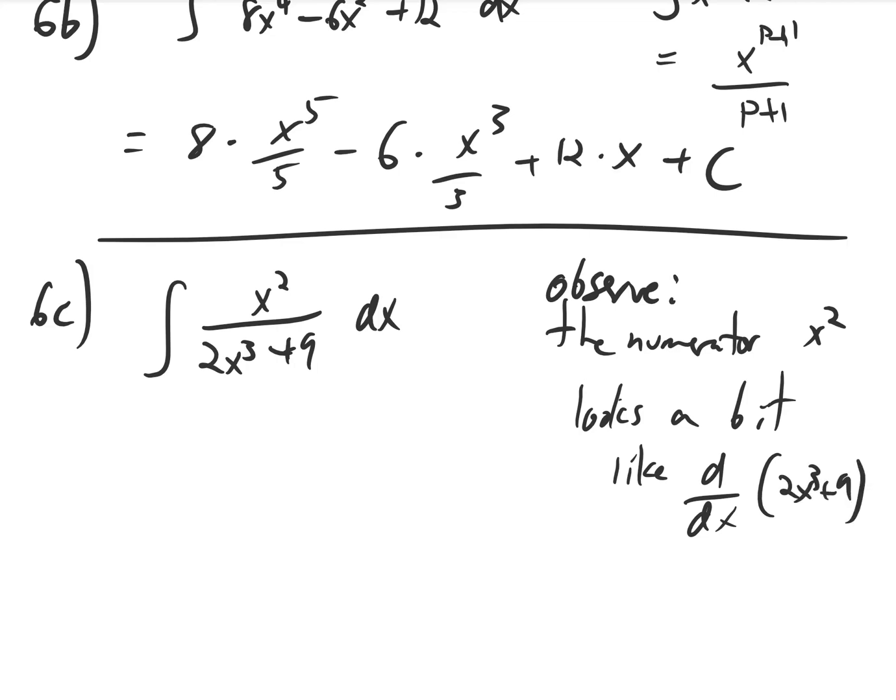Almost the same. The numerator has x squared. The denominator, if you take the derivative, then you get 6x squared. So it's pretty similar. This suggests it might be a good time for u substitution.